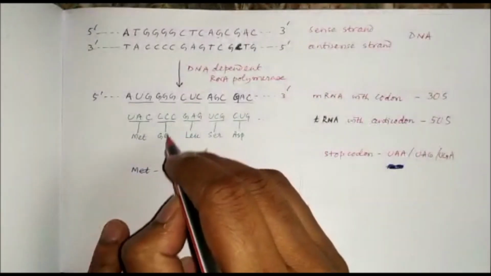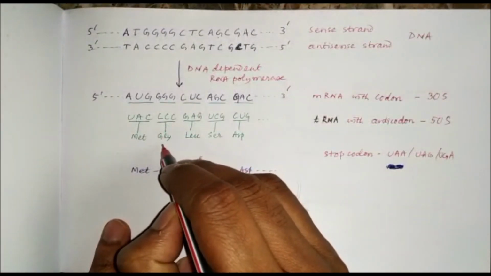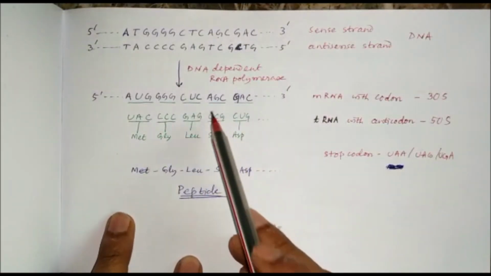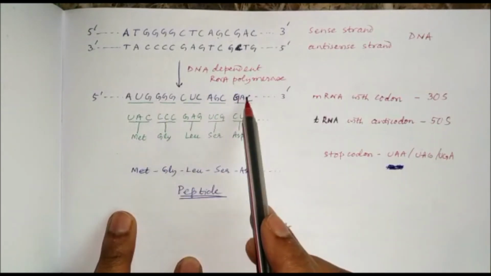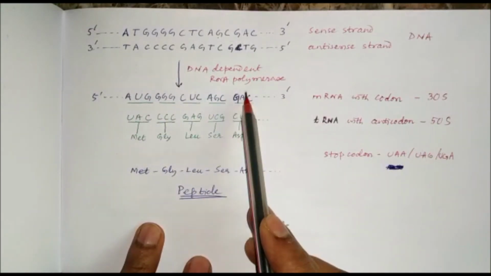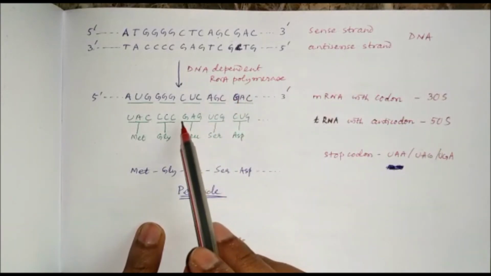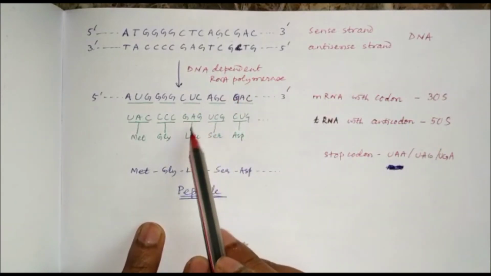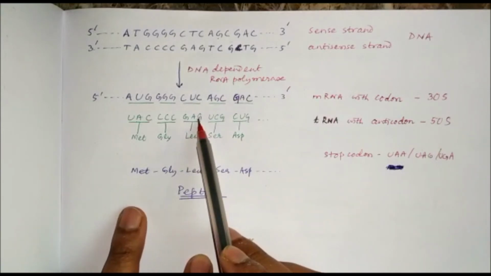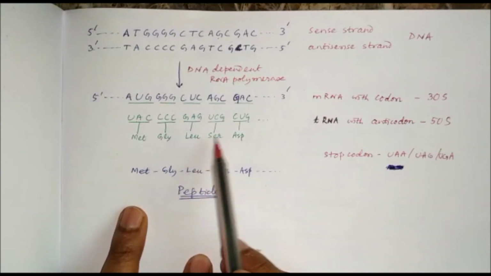So the transfer RNA will have glycine as the amino acid, and in this way each codon representing one amino acid will be recognized by the transfer RNA with the anticodon and the respective amino acid.